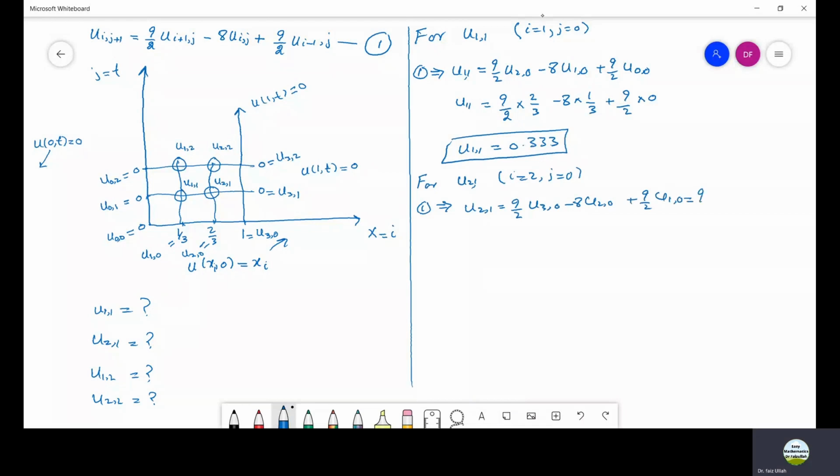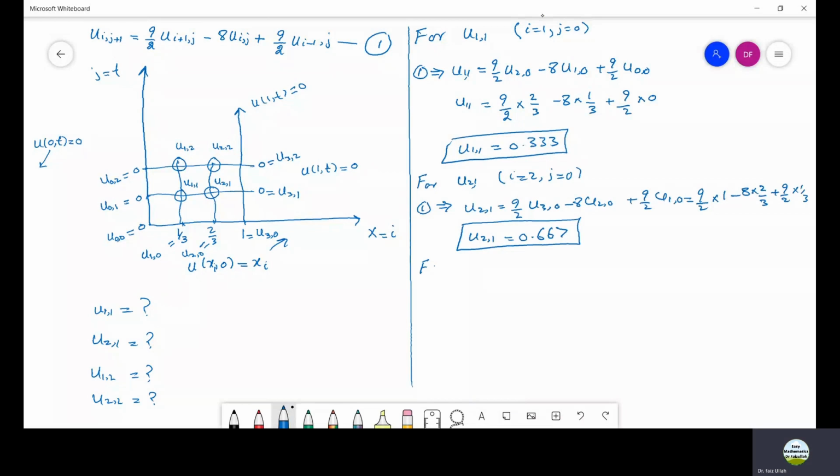So we have 9 by 2 into 1 minus 8 into 2 by 3 plus 9 by 2, and the value of u1,0 is 1 over 3. So we have this value, and let us simplify this. If we simplify this, we get 0.667. So that is the next value which we need.